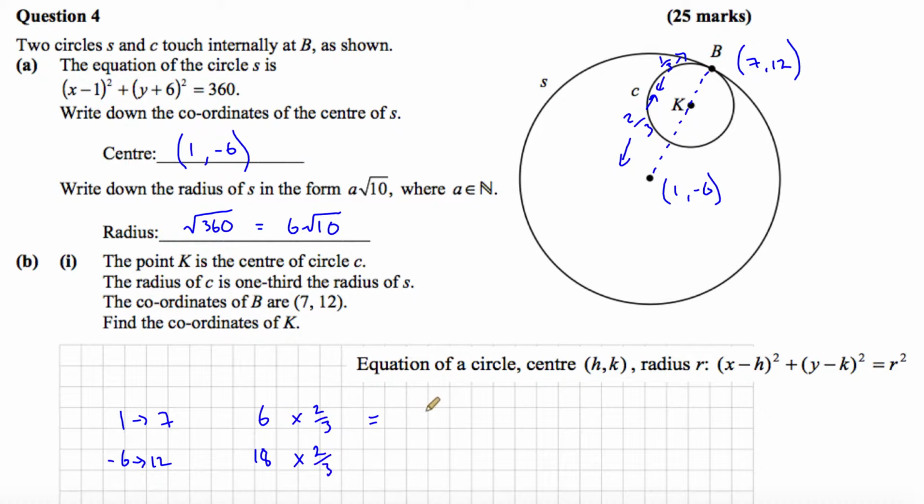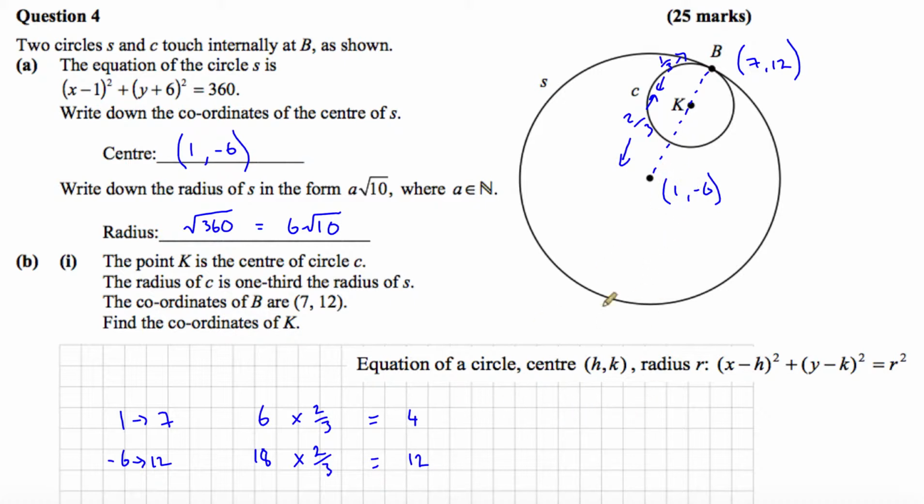So 2/3 of 6 is 4, and 2/3 of 18 is 12. So this is the amount we have to jump from the center.